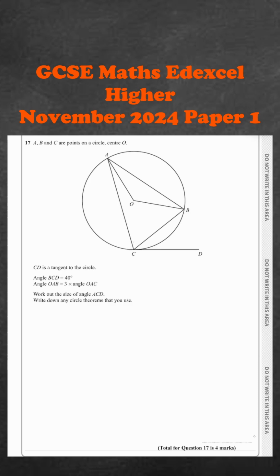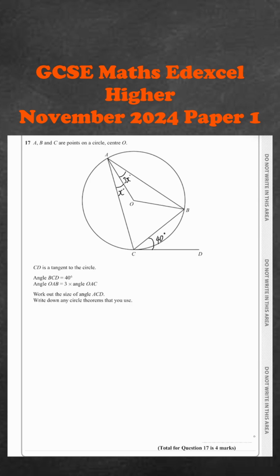Okay, so first thing I'm going to do is say that since we have angle OAB equals 3 times angle OAC, I'm going to put OAC on here as x degrees and OAB in as 3x degrees. Then we know that BCD is 40, so I'll put that on here as well. BCD is 40 degrees.